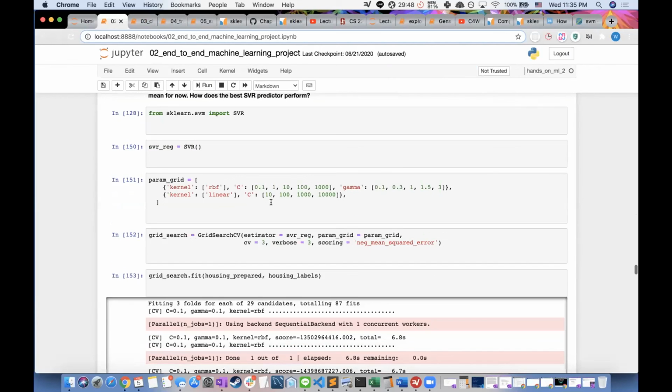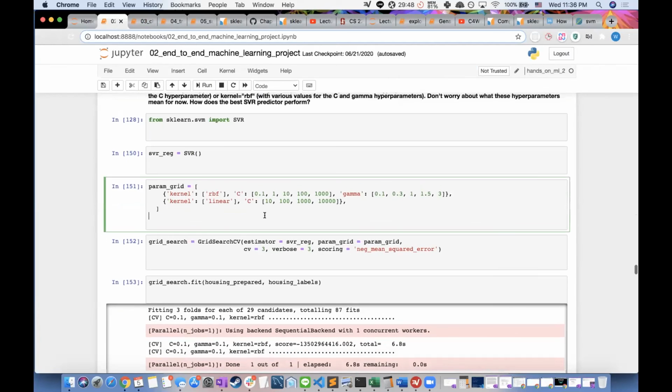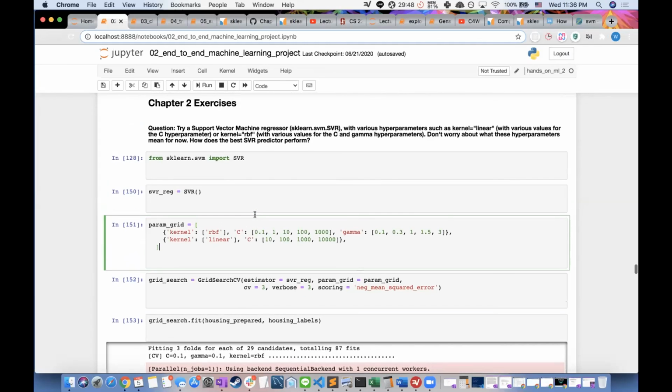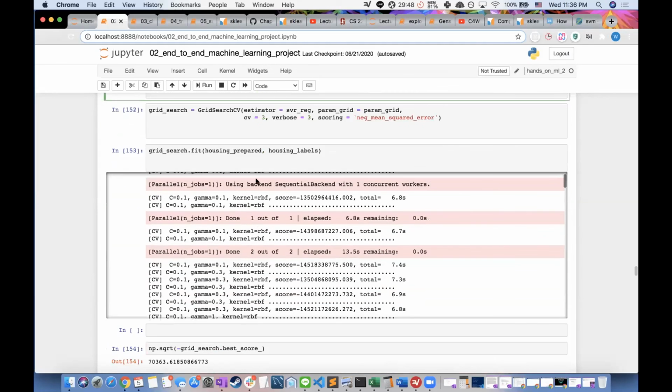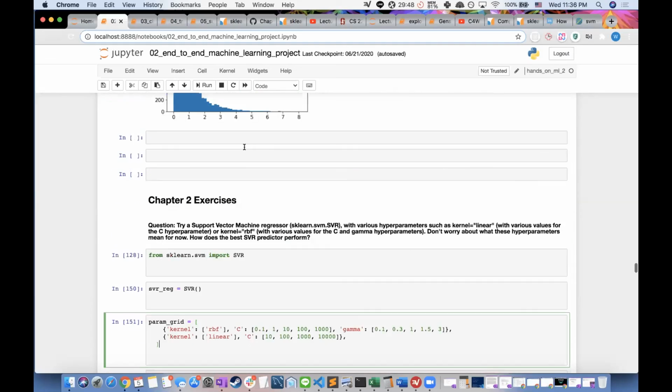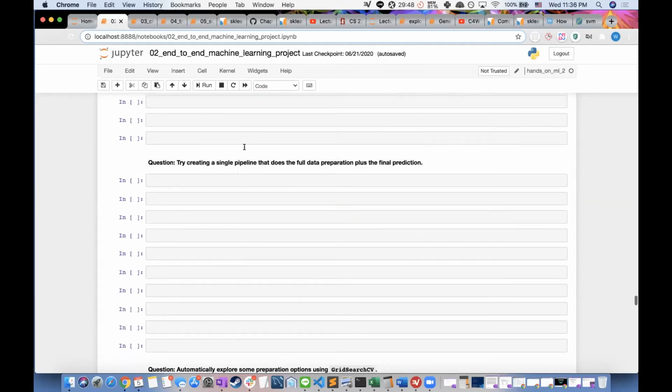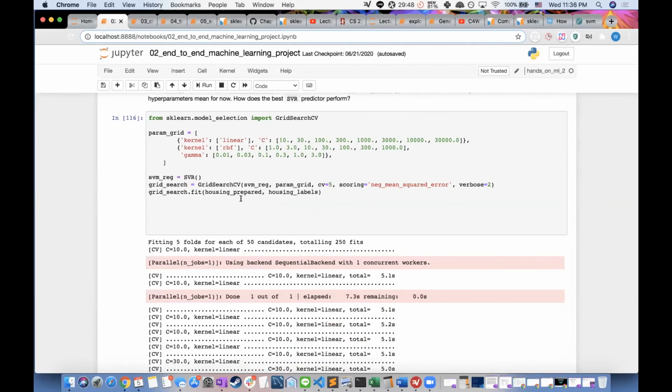Right here. So you can search C and gamma, but I guess you didn't search what it was. Let me just go through the solutions actually. Yeah, so you can search kernels.